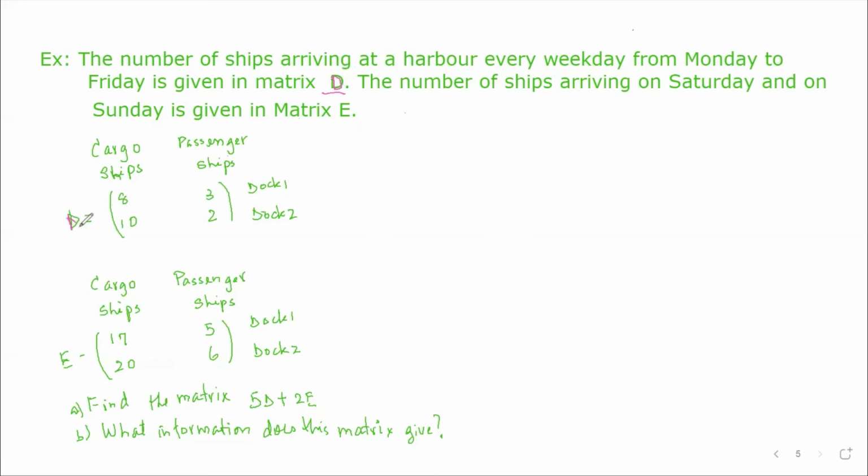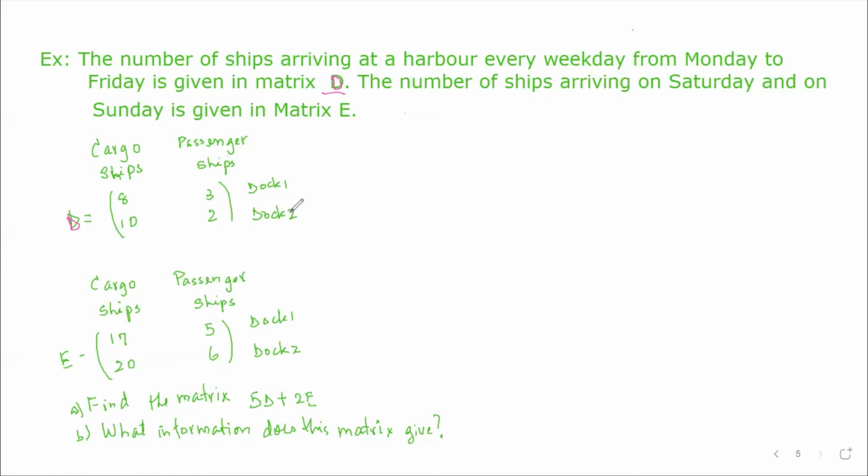The question gives cargo ships and passenger ships. In the first row we have 8 and 3, and then 10 and 2. If you read the rows, they assign this as port 1 and port 2, like locations in the seaport.